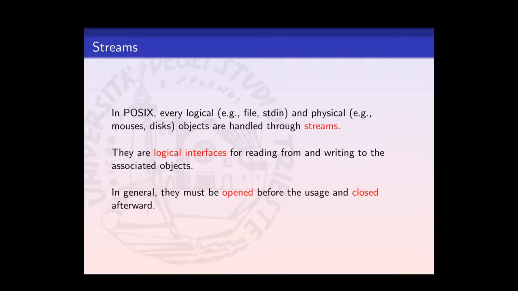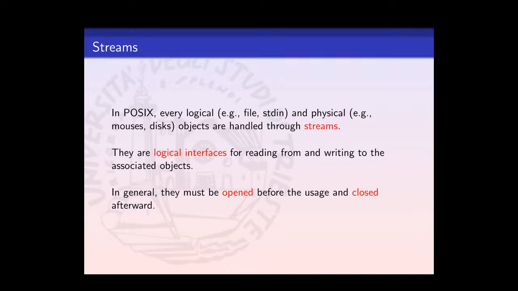You may want to read a full line, for instance. So you need, in some sense, a layer between the operating system and your program. And this layer is what is provided by streams.